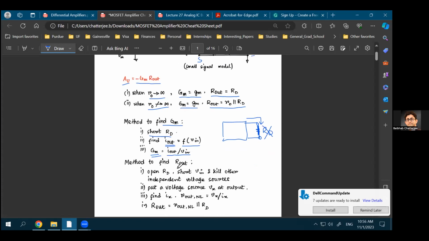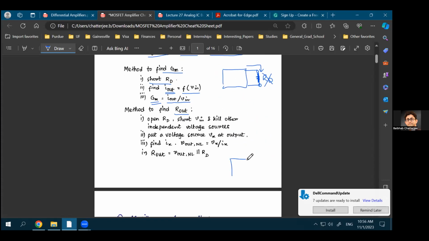The method to find R out is the same method as you use for Thevenin equivalent resistances. If you have a black box and you want to find out the equivalent resistance looking into that black box from the output side, you'll open the load first. You'll not connect any kind of load over here.